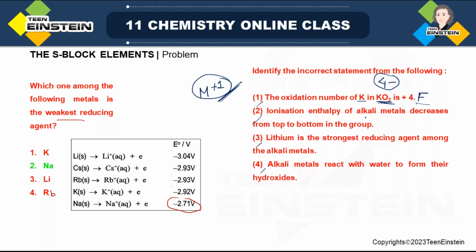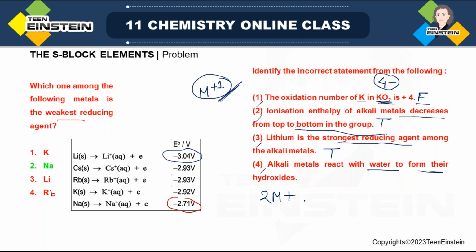Next statement is saying that ionization enthalpy of alkali metals decreases from top to bottom in the group. We have discussed that several times. It is true. Lithium is the strongest reducing agent, which is clear from this table itself. So this is also true. Alkali metals react with water to form hydroxide.